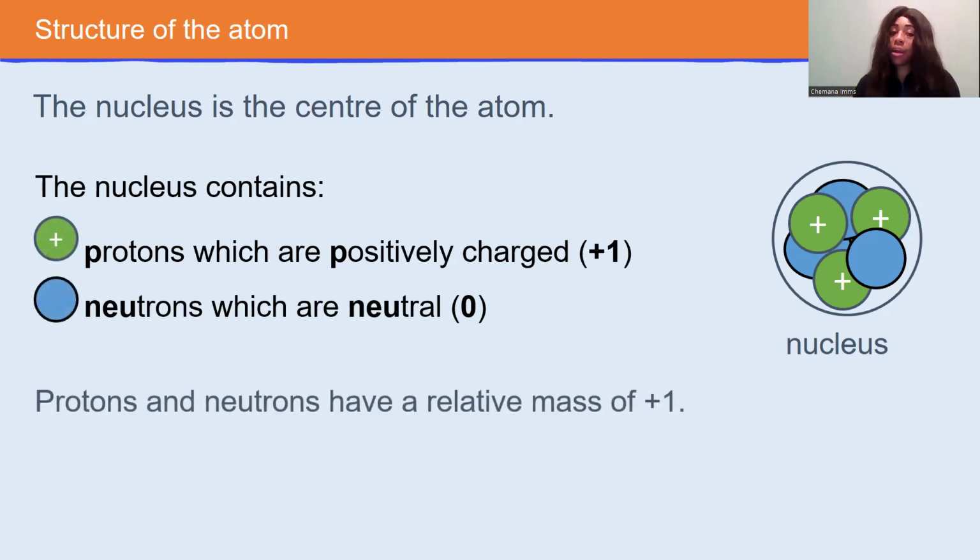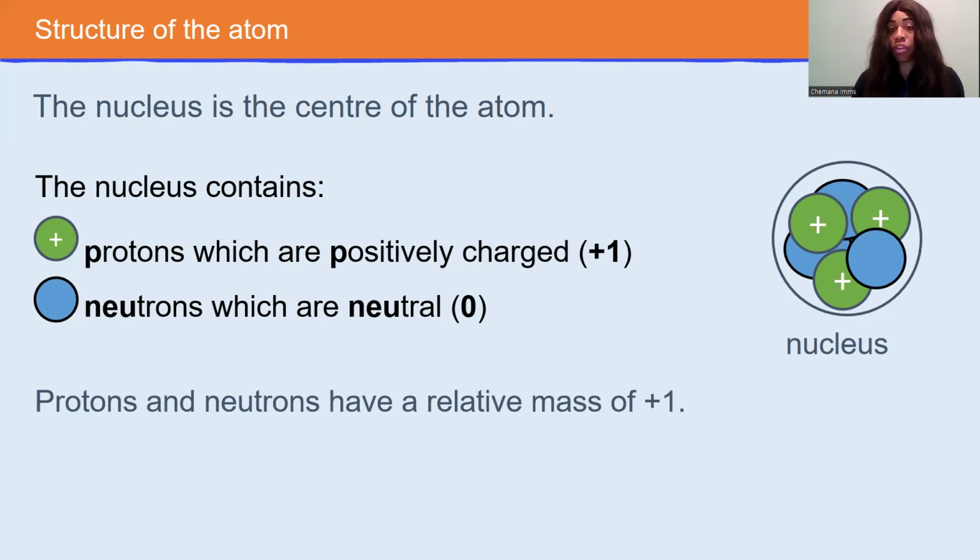So having a think about this, if we've got protons and neutrons, okay, they have a relative mass of 1. Now, mass and charge are completely different. So just remember this because it comes up as a very, very key GCSE question. They tend to ask you this a lot.